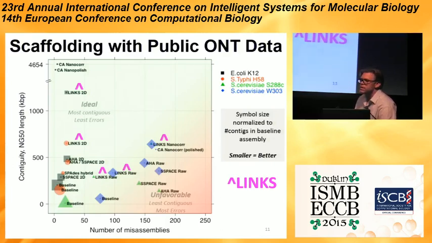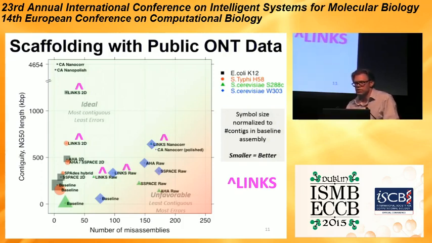Generally, the LINKS assemblies will have less errors than other scaffolders, as seen here with S. cerevisiae. This is our lowest data point when you compare to this. One thing to keep in mind is, since it's a scaffolder, you can actually rescaffold assemblies that have been done by error correcting the Oxford Nanopore reads and subjecting them to the Celera assembler.